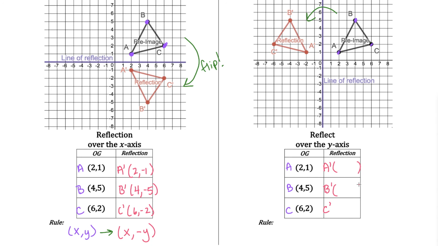So A prime, instead of being at 2, 1, it's at -2, 1. Instead of 4, 5, it's now at -4, 5. I'll make that a little bit more distinguishable. Instead of 6, 2, it's -6, 2.